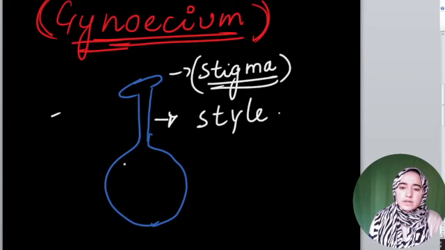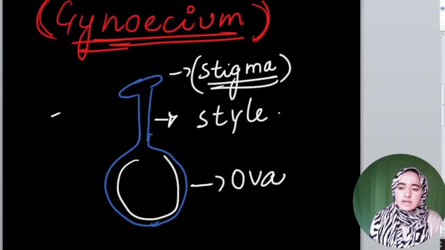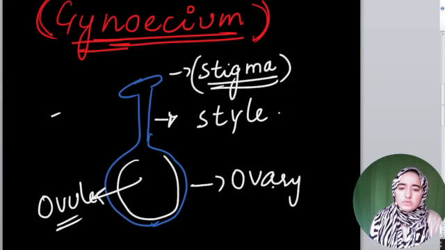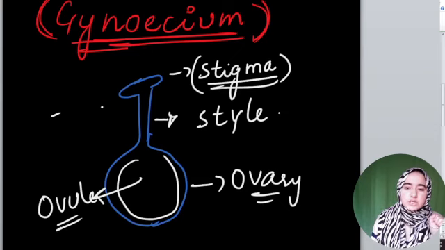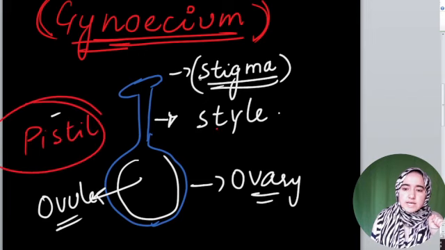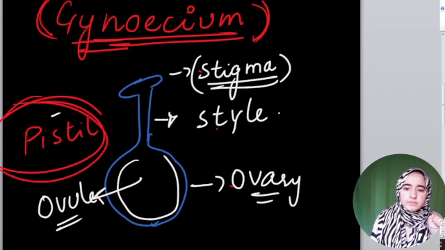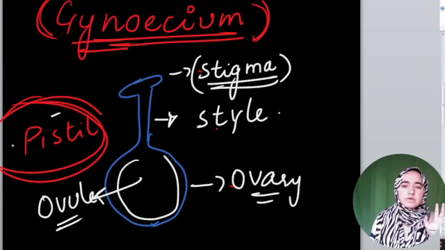Finally, we have a bulged portion like this, known as ovary, and inside the ovary we have ovules. The style, stigma, and ovary form the pistil, and the female reproductive structure in general is known as gynoecium.